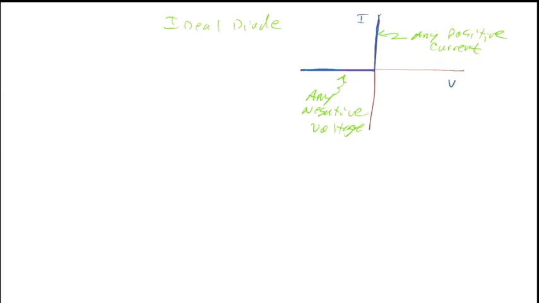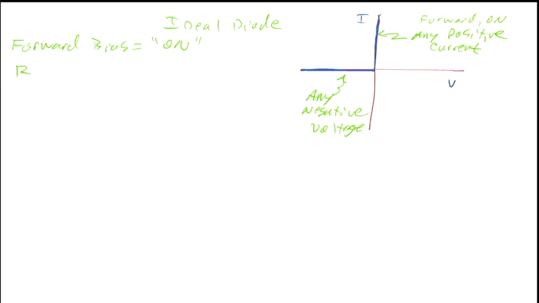Now, often we use these words on or off. So forward bias means on. And that's often in terms of this region of like zero resistance. We say that's forward, or on.